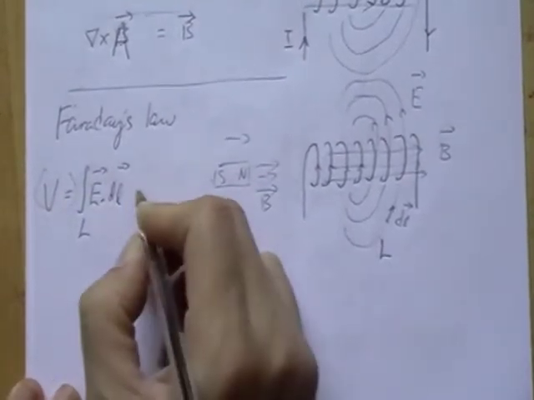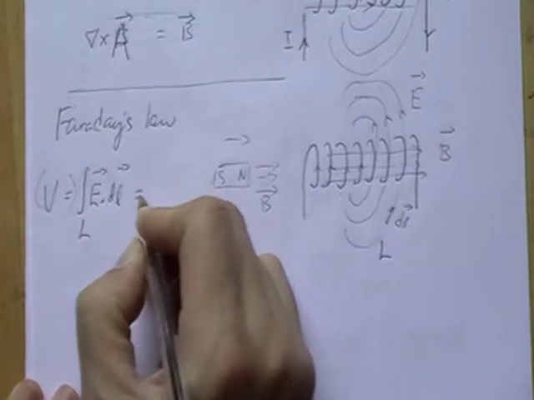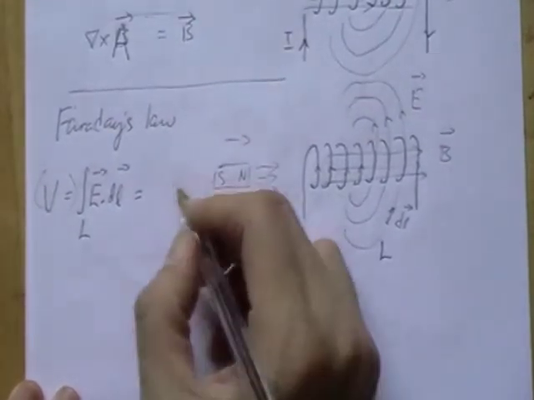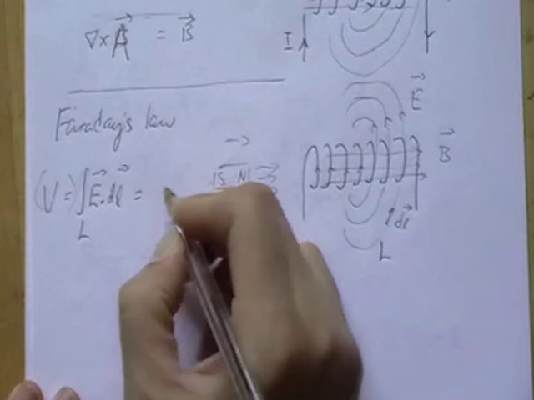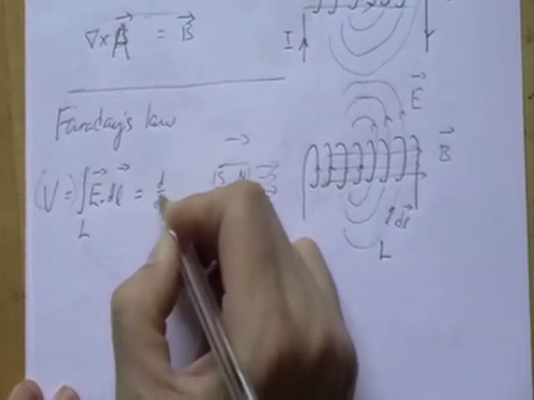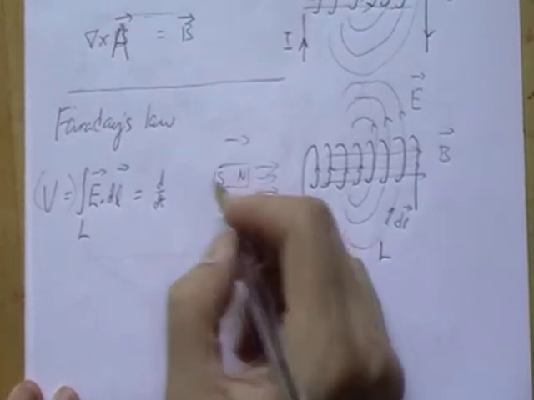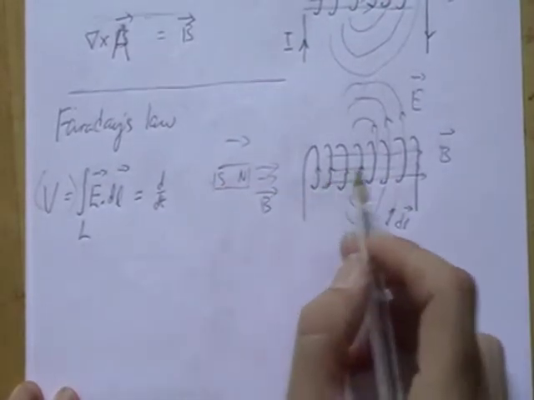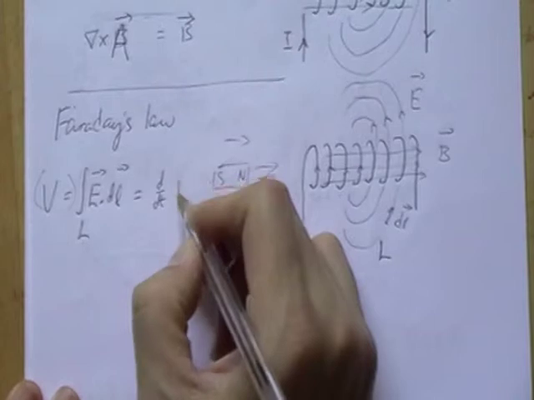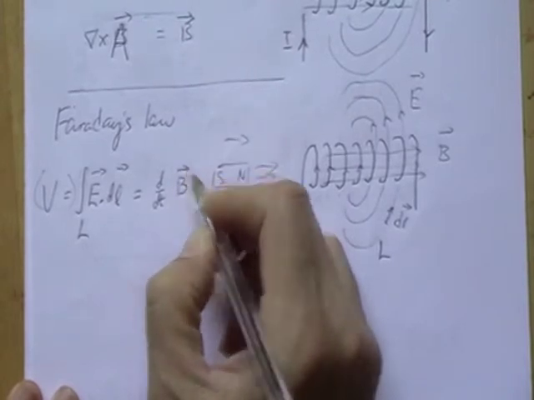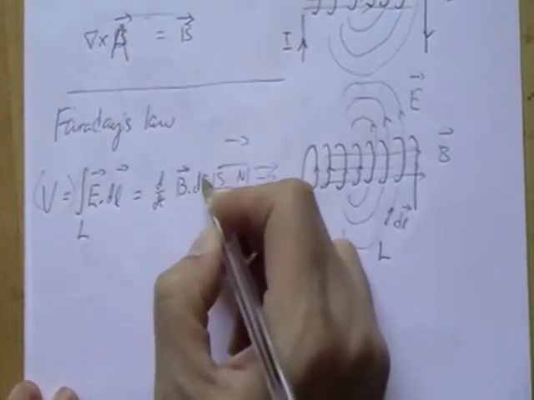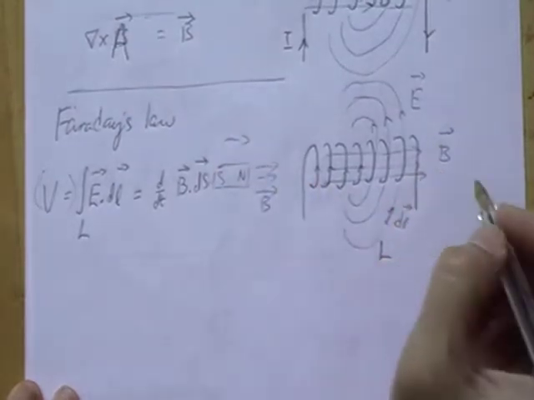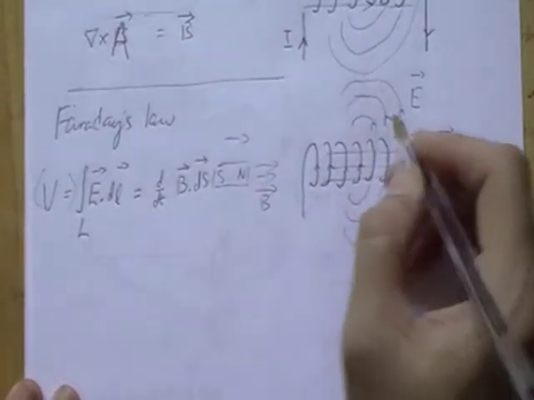Faraday's law says that this induced voltage is equal to the rate of change of the magnetic flux. Now the magnetic flux going through this loop is given by the magnetic field times the area, so it can change at different positions.